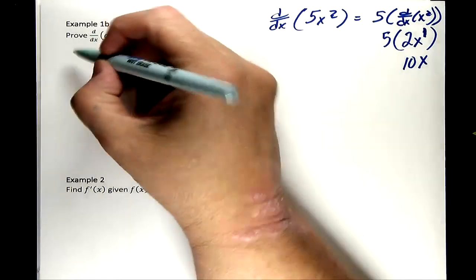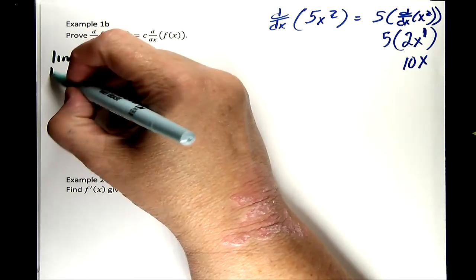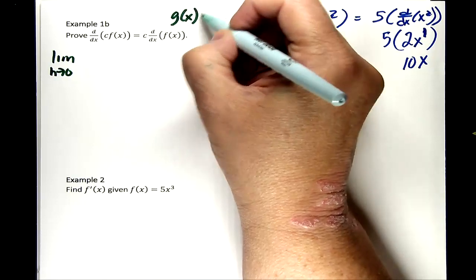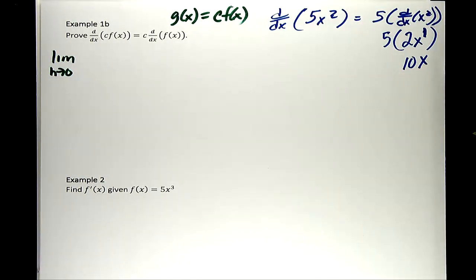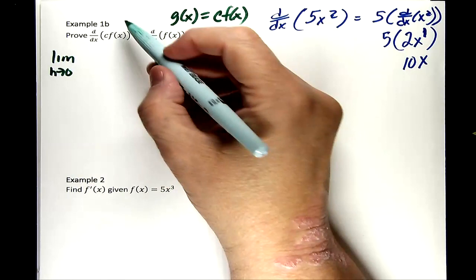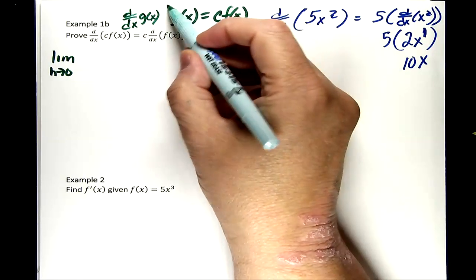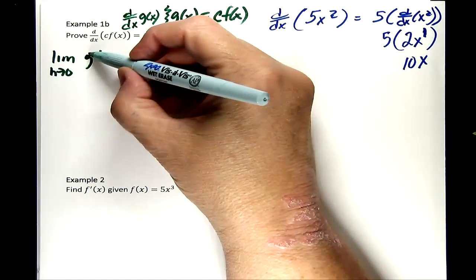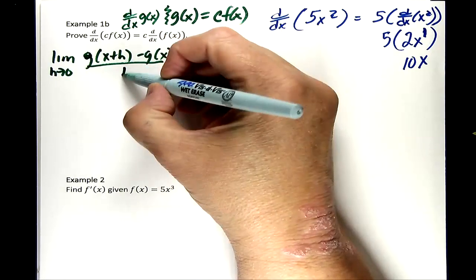All right, so d/dx means doing that limit thing: the limit as h goes to 0. To do this, I'm going to say g of x equals c f of x, because I think this will make it a little bit clearer. So I'm going to do d/dx of g of x. I would have g of x plus h minus g of x over h.